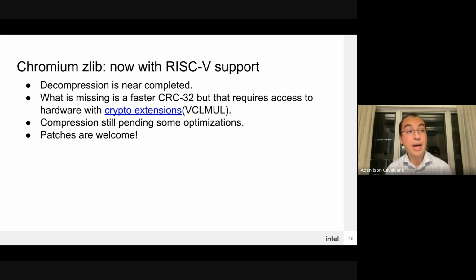Probably the code we have today for x86 could be ported using this instruction, I think, using the Barrett reduction. Compression is still pending some optimizations, but I don't expect major improvements, something maybe around 10%, 14%, give or take.